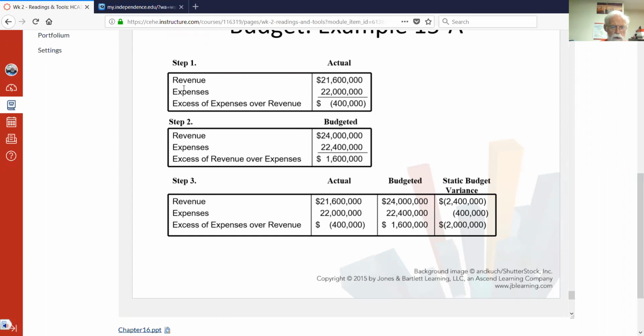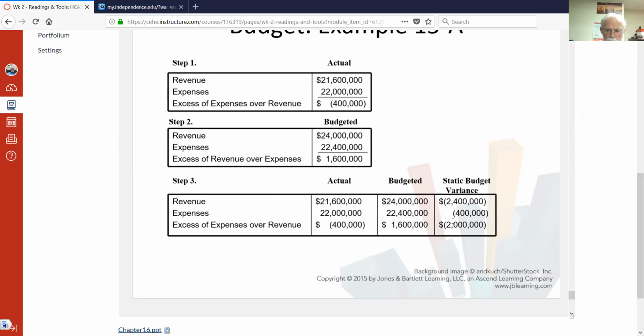We are looking back at the actual revenue and budgeted revenue. So what we're looking at is what's the variance here. And if our actual versus budgeted is very different, it looks like we're about 10% under budget in terms of revenue. And we are 400,000 over on expenses.